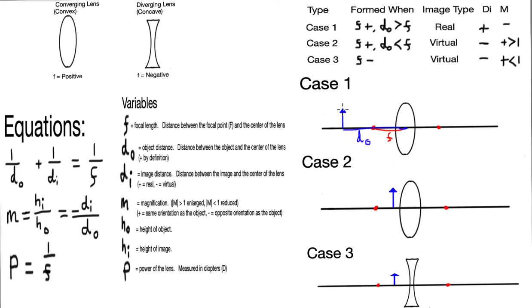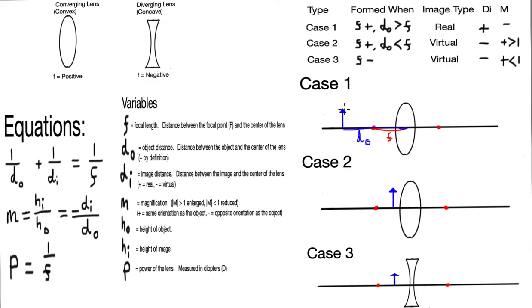To draw a ray diagram, we need to realize that a converging lens is going to converge all the rays towards this focal point after the lens, whereas a diverging lens is going to diverge the rays away relative to this focal point. We'll get to that once we get to case 3.